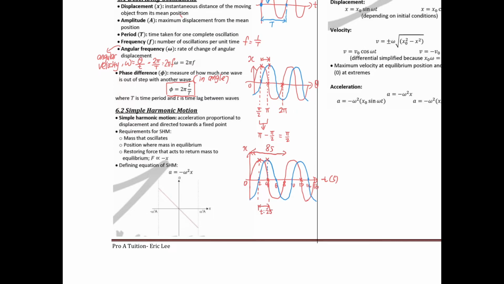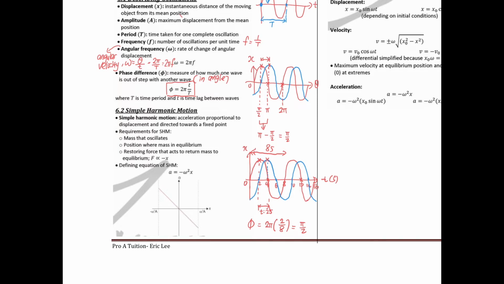Okay, so then phi, the phase difference is 2 pi times 2 over 8. So which is 1 over 4 times 2 pi over 2. So this is how we use the formula. Okay, so we just use it in that way.